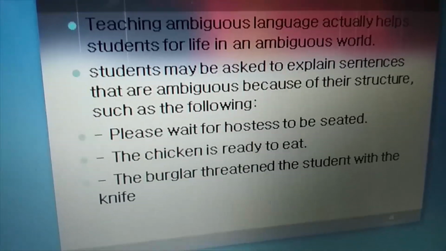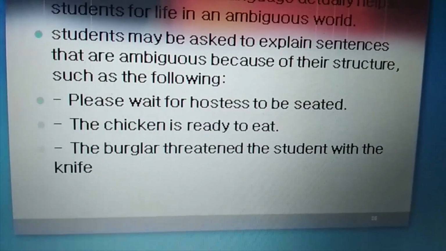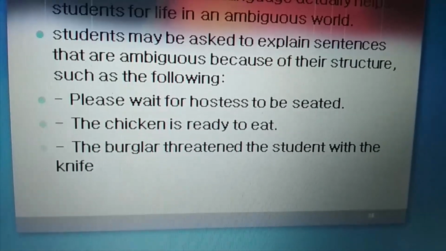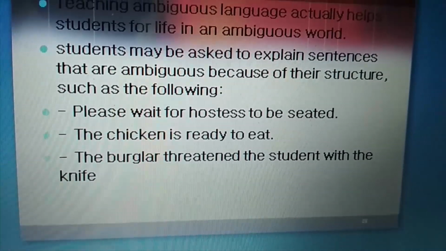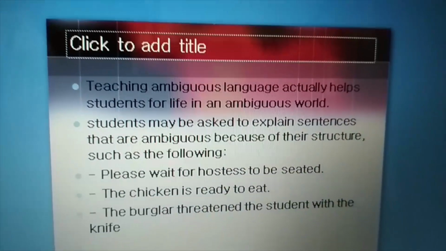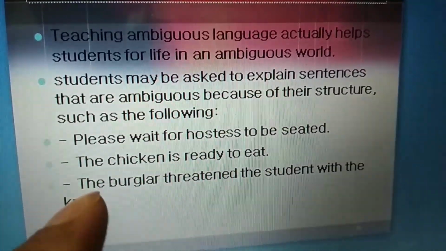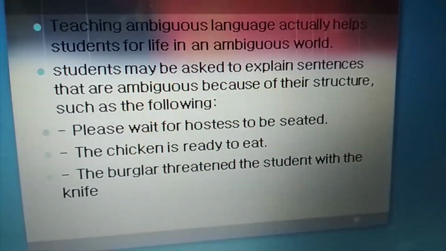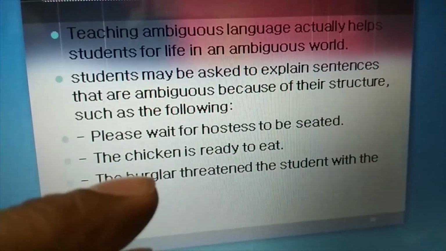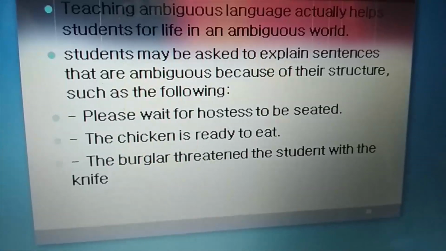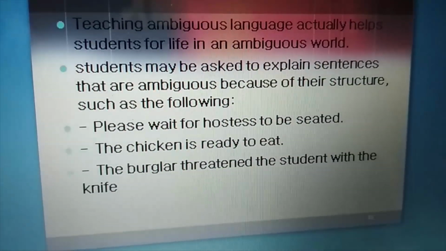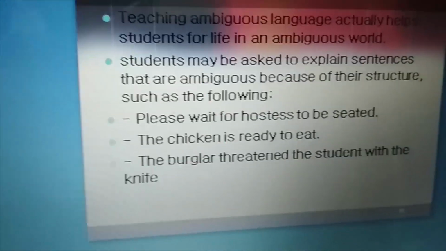And the next is the chicken is ready to eat. It is also ambiguous, yeah. The chicken can be an object or subject, but in this word, in the sentence, has two meanings.